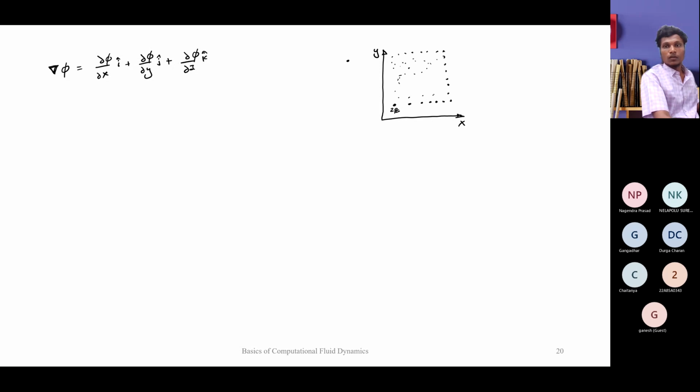This is your flow field, and you are measuring your pressure in the entire flow field. Suppose this is 2 pascals and it is 3 pascals. It is not a physically possible flow field, but I'm just telling you this is 2 pascals, 3 pascals, and say at the center you have 10 pascals, and at this corner you again have 5 pascals. So like that, your pressure field is distributed. This is the pressure in the flow field.